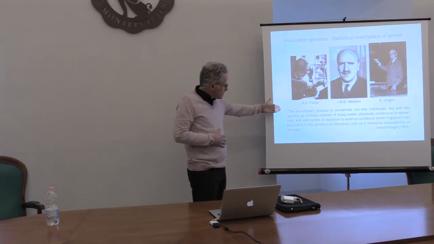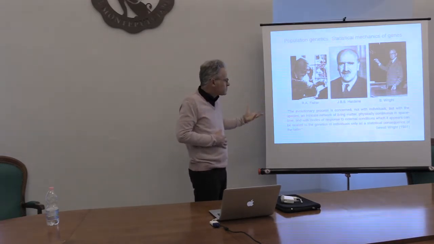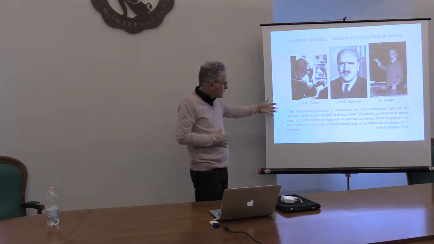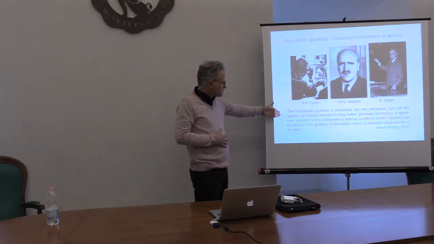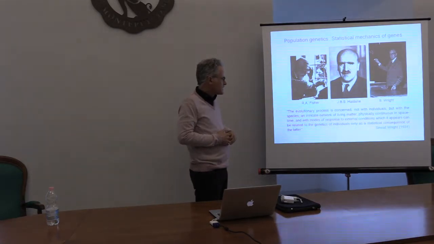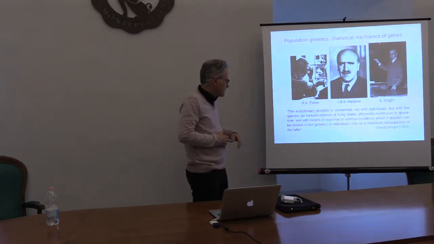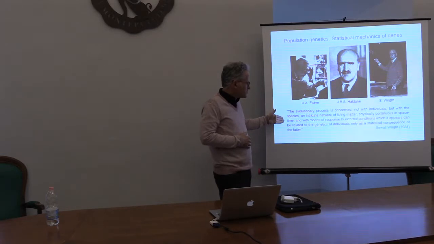So what he's saying is that the problem that the evolutionary synthesis in some sense solves comes from the fact that people often fail to realize that the evolutionary process is concerned not with individuals but with the species, an intricate network of living matter, physically continuous in space-time, and with modes of response to external conditions which it appears can be related to the genetics of individuals only as a statistical consequence of the latter.